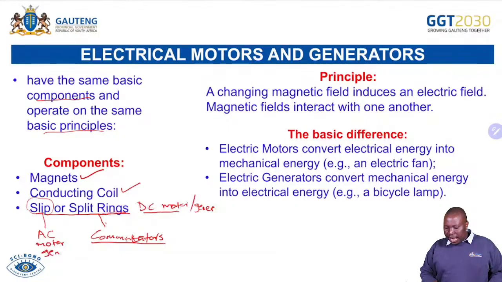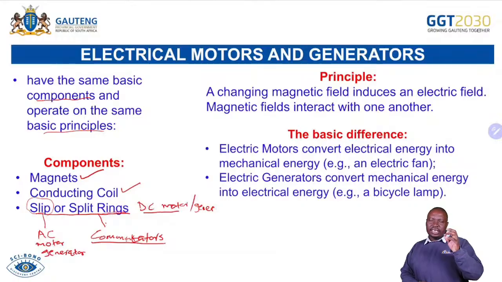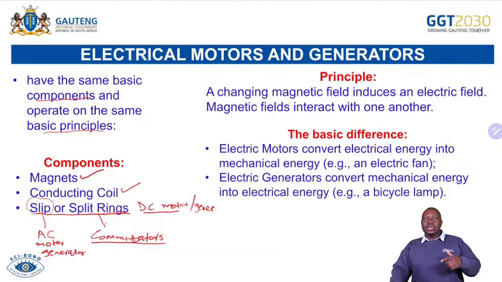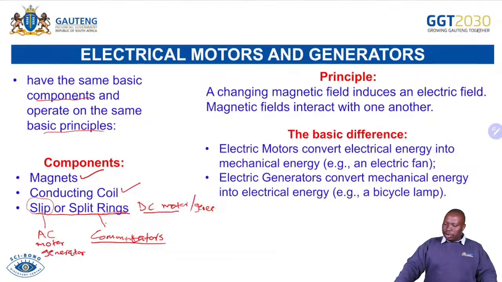So it applies to both generators and motors. When they have slip rings, we call them AC. When they have split rings, we call them DC. And then the split ring has another name called commutator. So we use them interchangeably. It's important that you know that the split rings are the commutators, so that you are not confused.